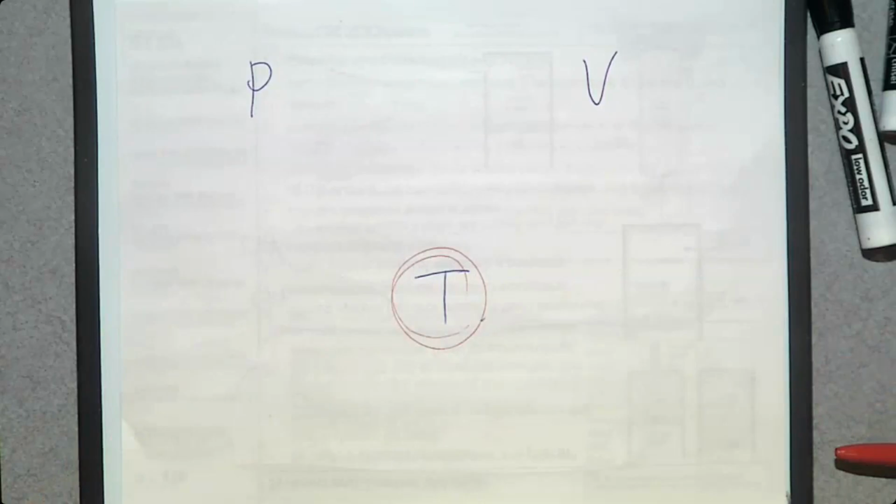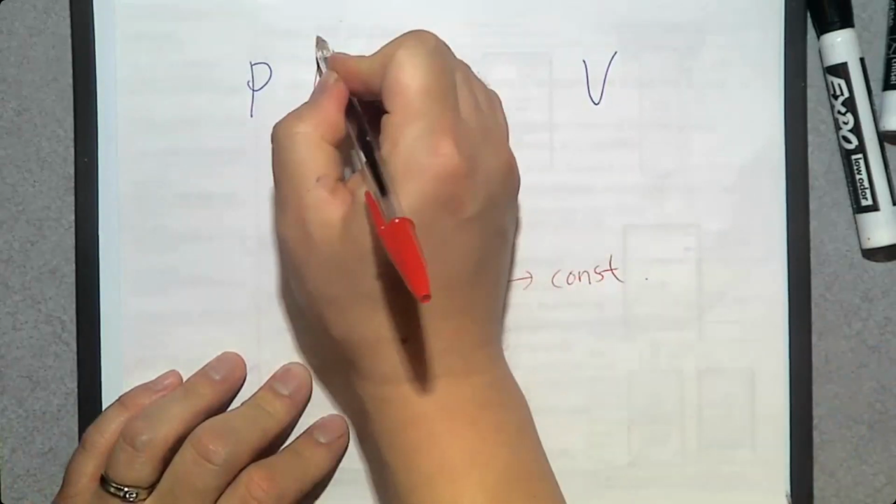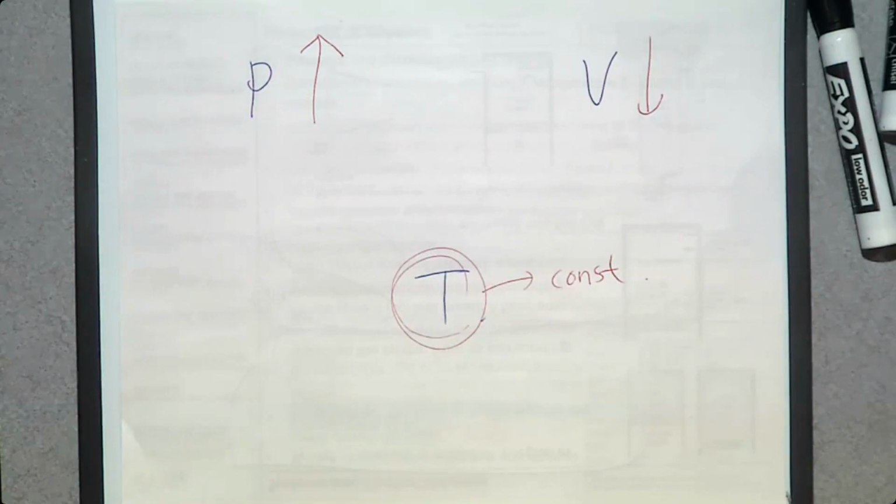Unless you heat it, unless you put it in the refrigerator, the temperature almost stays the same. Then if you pressurize the system, the volume goes down. So if you make temperature constant, then increasing pressure decreases the volume, and decreasing pressure increases the volume. That is called a constant temperature process.